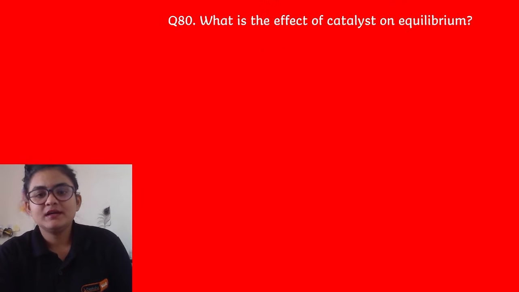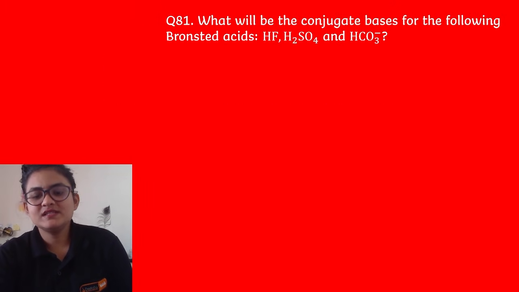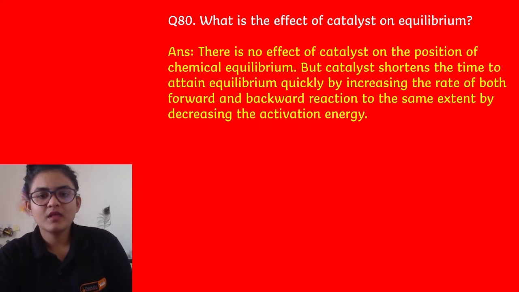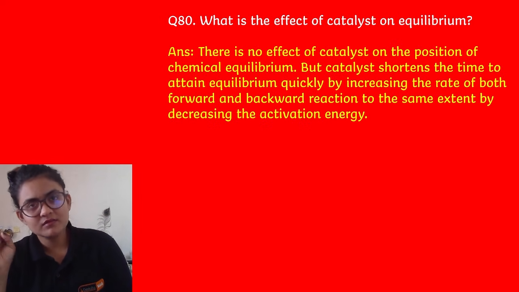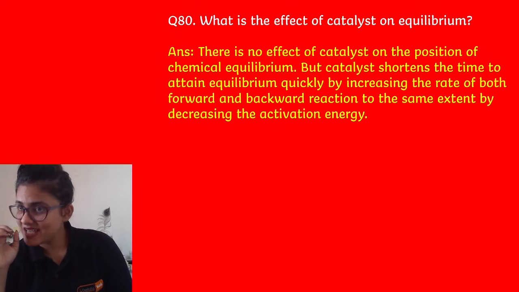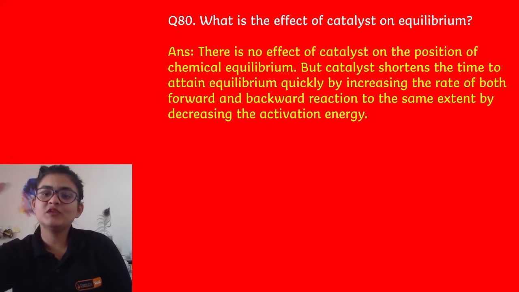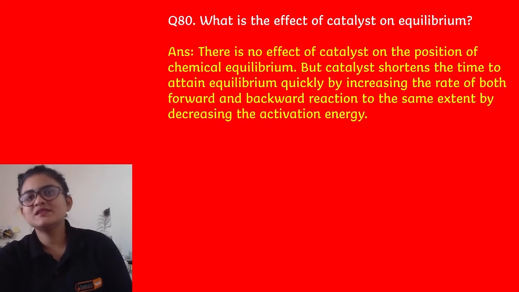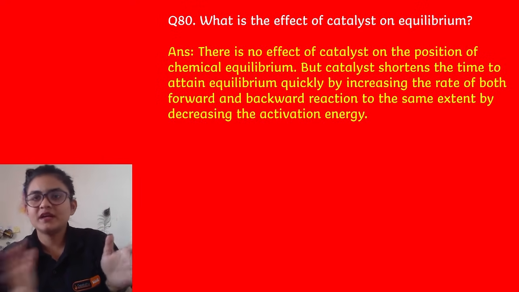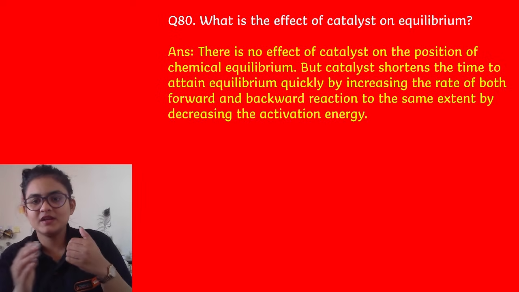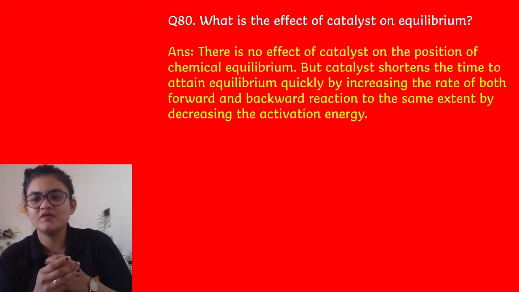Okay, let's proceed. What is the effect of catalyst in equilibrium? There is no effect in equilibrium condition, but catalyst helps to reach the equilibrium faster. Okay, means once the equilibrium is reached, the forward and backward direction reactions are occurring in the same way, at the same rate, so there is no effect as such, same extent, right.